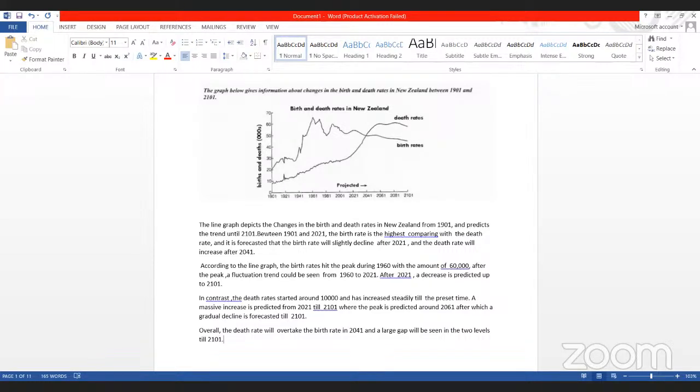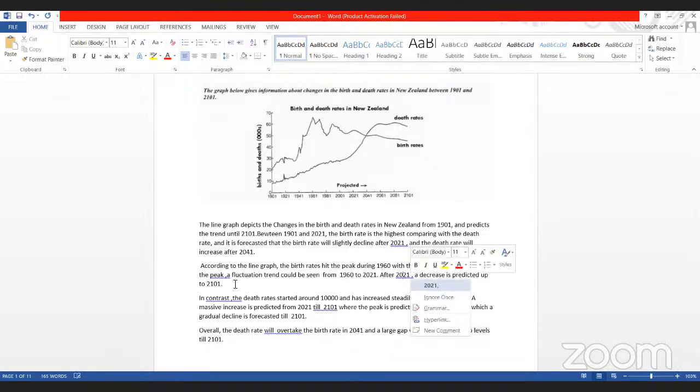So this is what you can do, right? I took only 15 minutes to write this while explaining. So you need to identify the key components. If you have a line graph like this, you need to identify what you are writing.